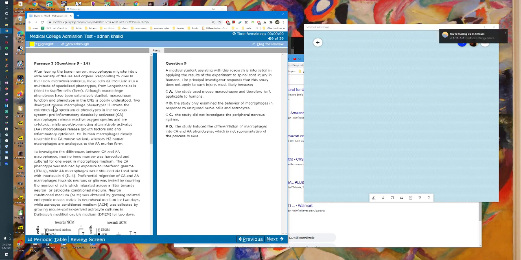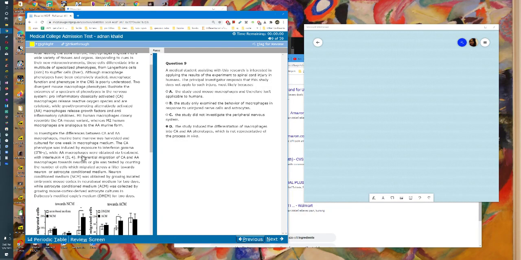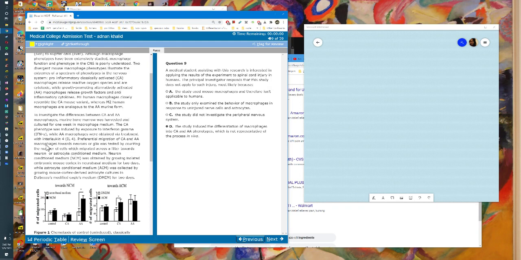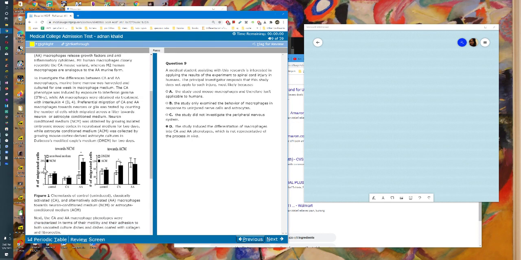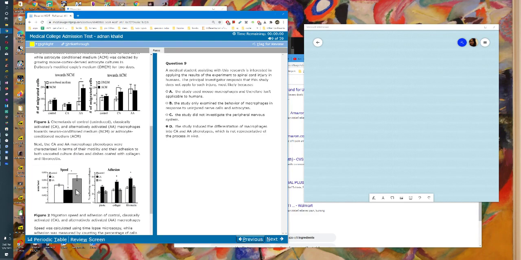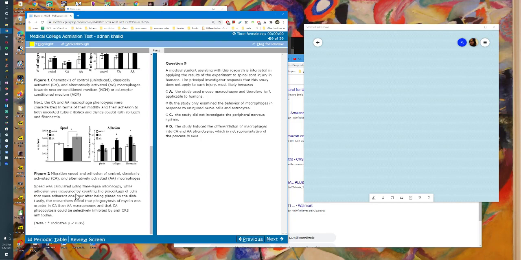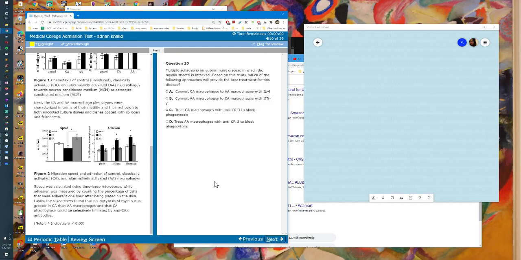Okay. Oh, they're talking about spinal cord injury. So it should be on injured nerve cells.